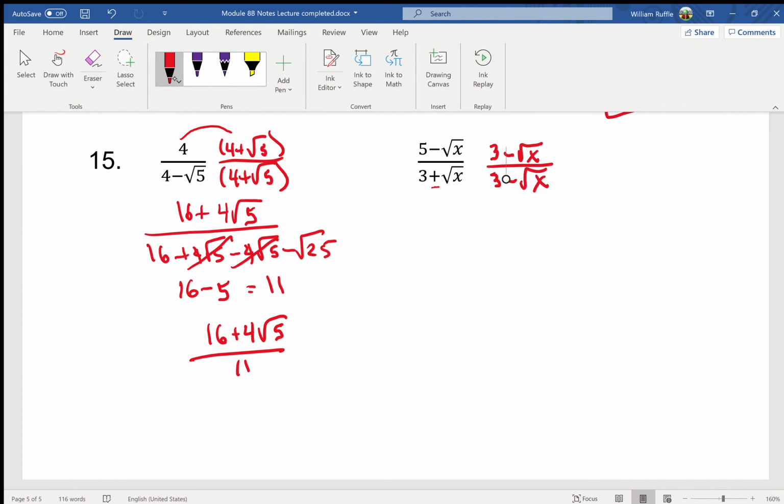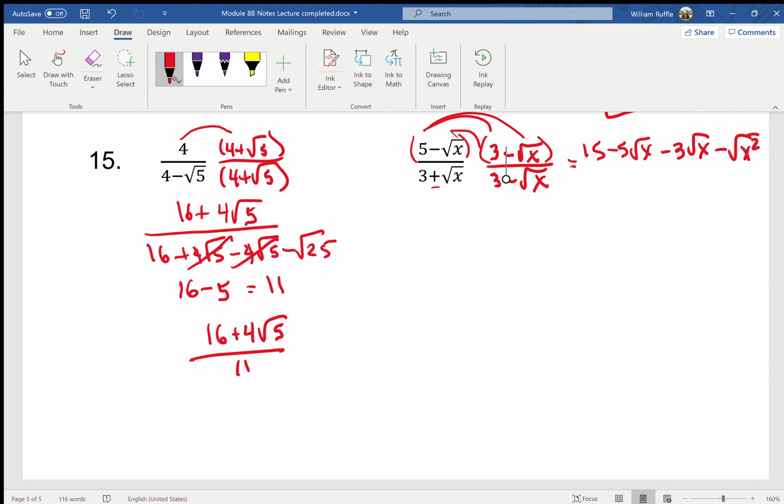Now this is a little harder, because the top I really got to FOIL it out, don't I? Turns out the top is actually going to be harder than the bottom. 5 times 3 is 15, minus 5 root x, and then I'm going to do the inside, minus 3 root x, and then minus root x squared.